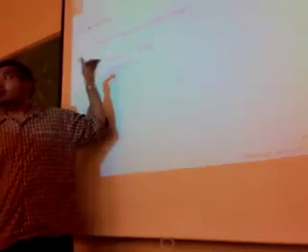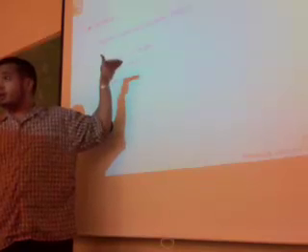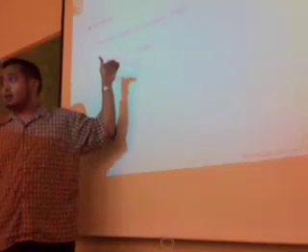How do I do it via software? I can't just do this, right? I can't just do that as my software. Why? It's not atomic, right? If I get interrupted in between these instructions, bad things happen.